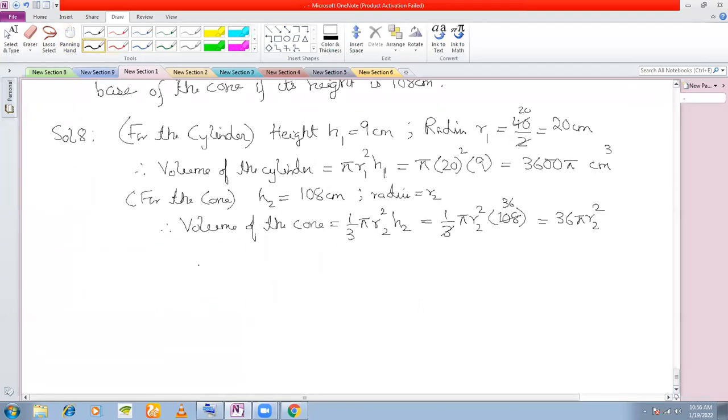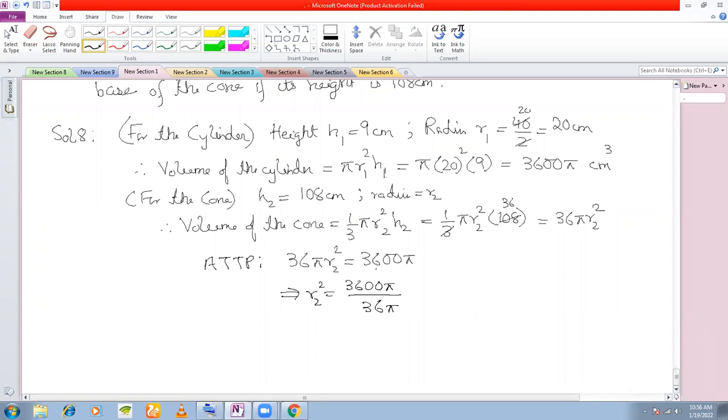Now it is given that volume of the cone is equal to volume of the cylinder, right? So these two must be equal. Volume of the cone is 36 pi R2 square and the volume of the cylinder is 3600 pi. So R2 square is 3600 pi divided by 36 pi.